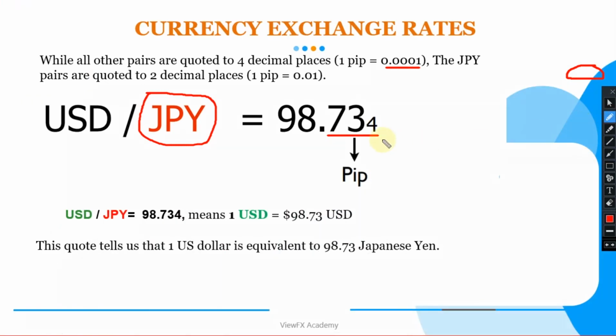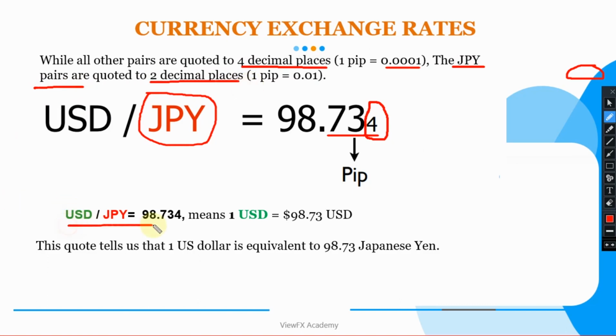What we do in this case, we ignore the last one and we consider the 2 numbers after the decimal. So because of that, non-JPYs are quoted to 4 decimal places, while JPY pairs are quoted to 2 decimal places.